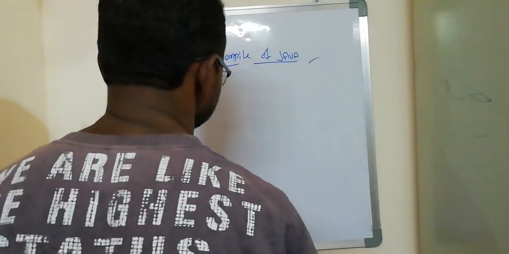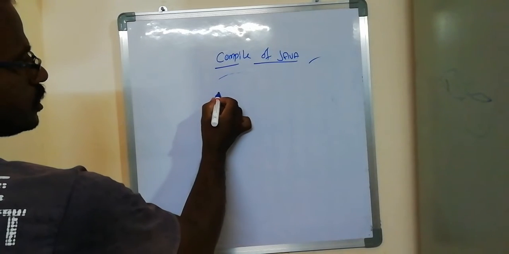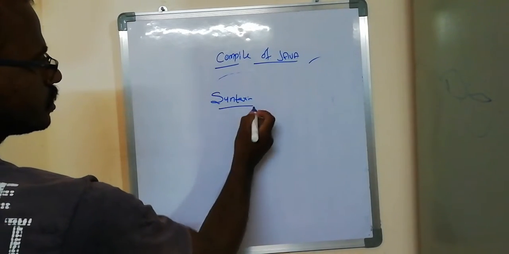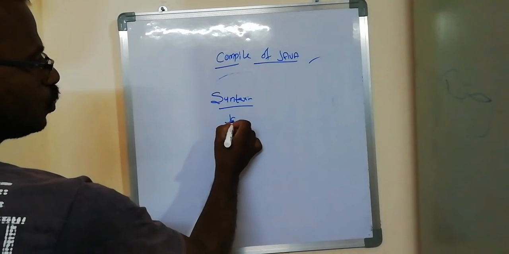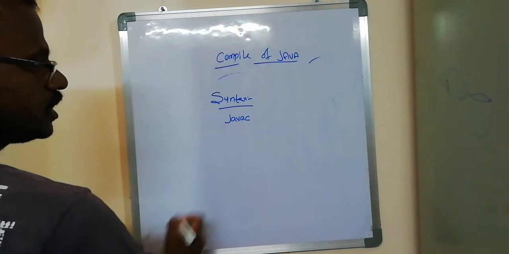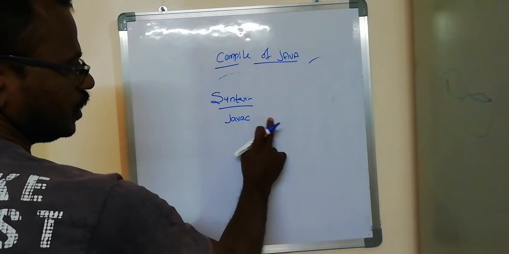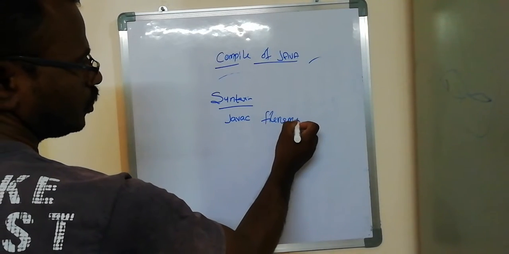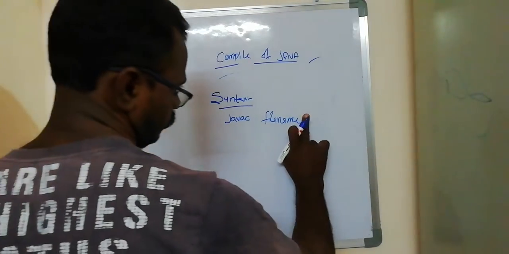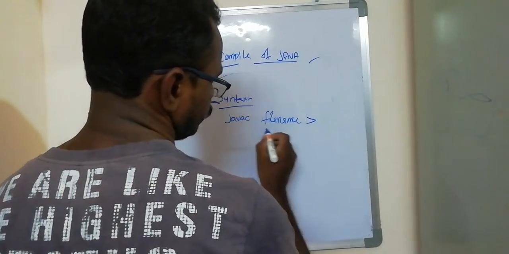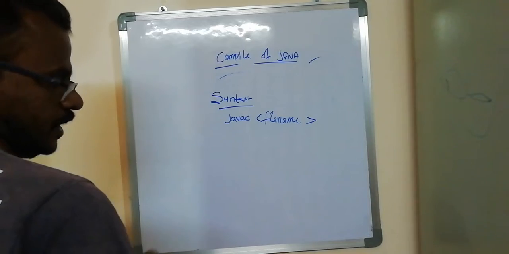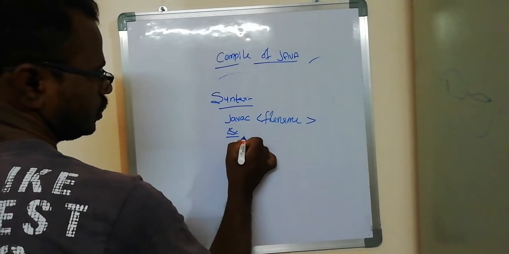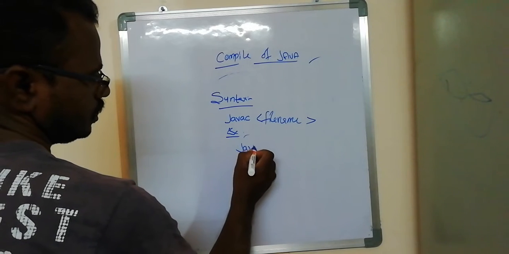First of all, we write the syntax, and after that an example. Write the tool name, javac, then a space. After the space, give the file name with its extension.